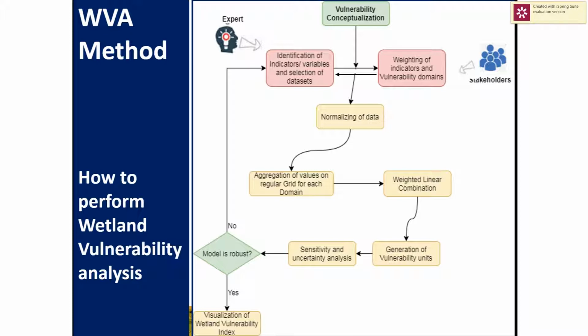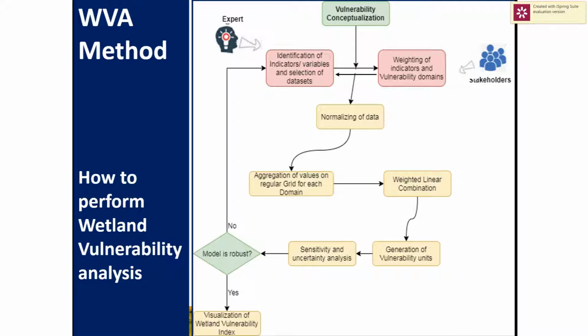Now, one should also note that these datasets that they're generating must have the spatial characteristics or aspect in them so that they can be used to assess the vulnerability of a wetland of a particular area.